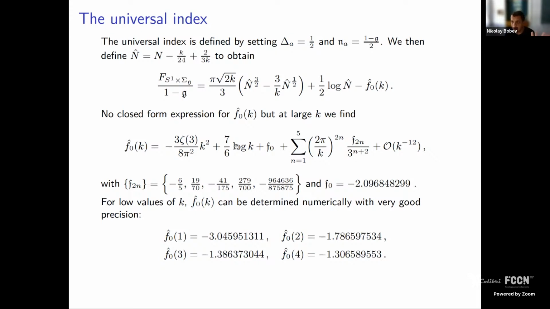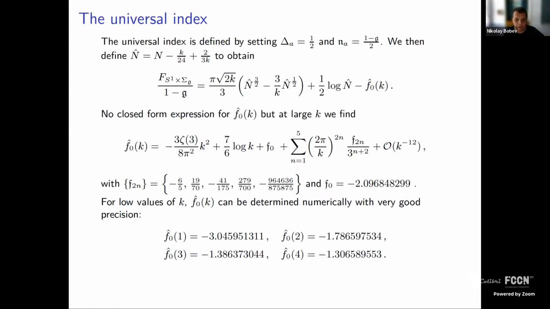If you fix small values of k, we can compute this to about 20 digits. I give you here only the first 8 or 9, but we can compute it to very high accuracy. This f hat is the analog of the curly A that appeared in front of the Airy function, which was also not really known in closed form.